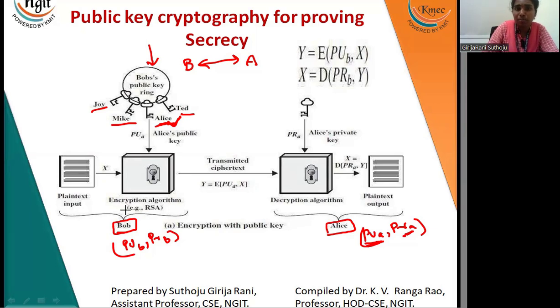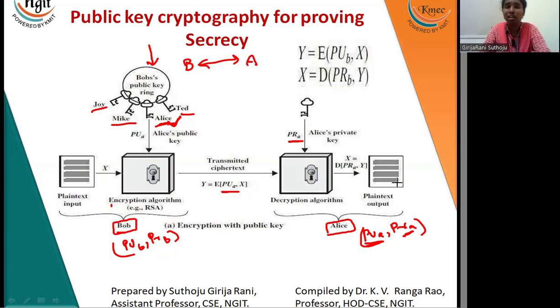Now, as I am doing encryption of the plain text X with the public key of Alice, my Y is generated now, which is a ciphertext. This ciphertext I will be sending to the network. From there, the receiver is about to receive. Now my receiver is Alice, right? So Alice will be applying her own private key to decrypt it.